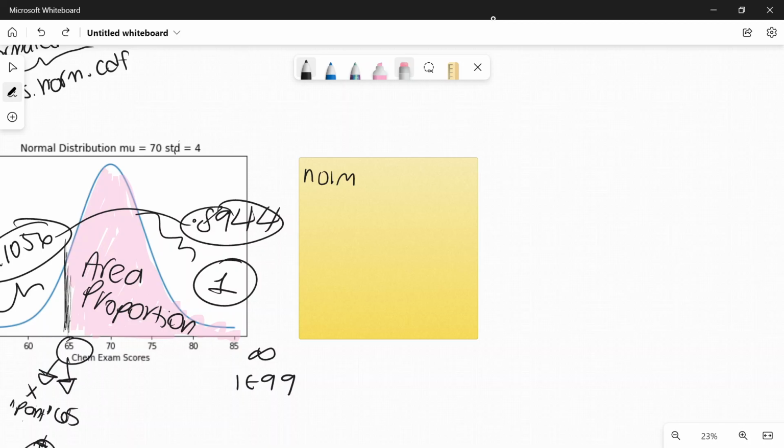Okay, so you would write, so it would be normal CDF is the same as stats.norm.cdf. Well, not really the same, but it's the same idea.